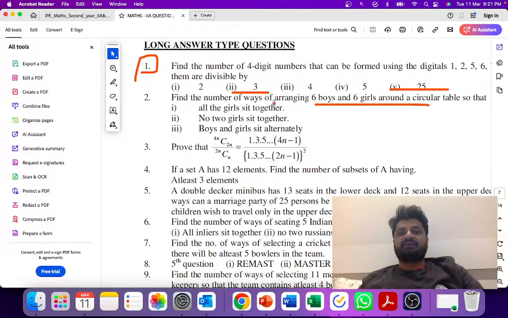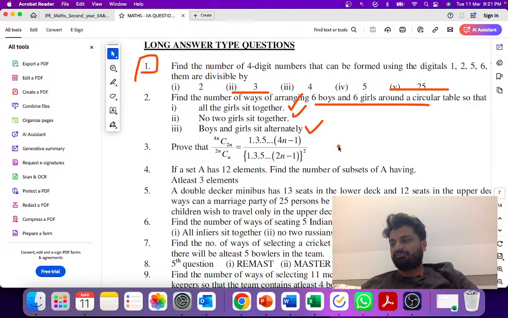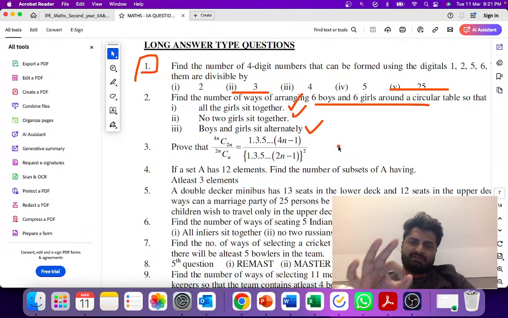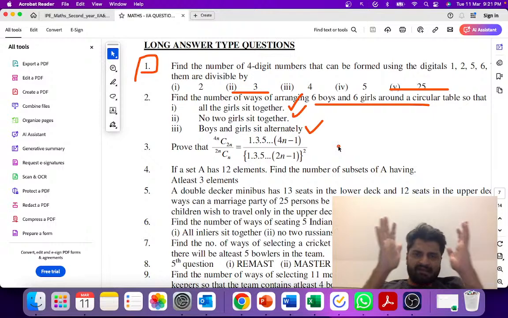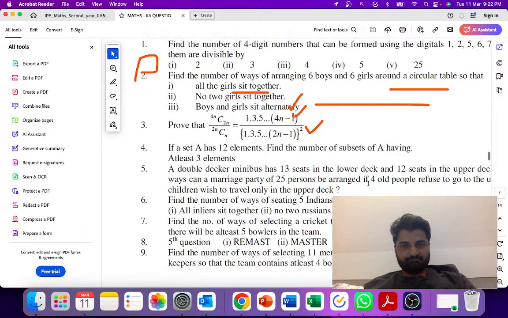Then again, boys and girls, with all the cases, whatever we discussed in short answer questions, the same way, long answer, they will ask a combination of all the questions. So these are few questions which they will ask you for sure in permutations combinations. So in permutations combinations, basically just be comfortable with the basic principles of permutation combination, arrangements with repetition, without repetition, selections, then circular permutation case, all those.